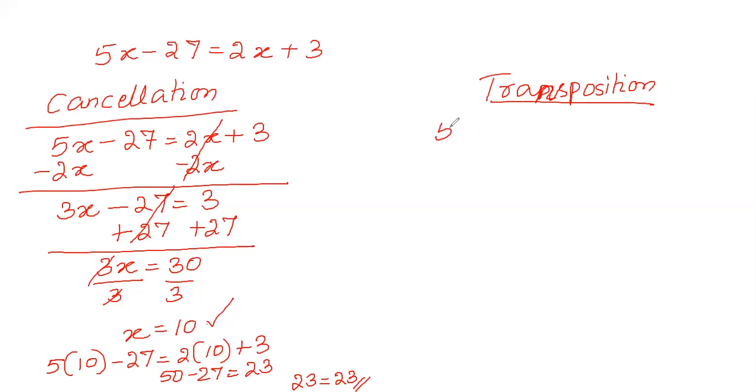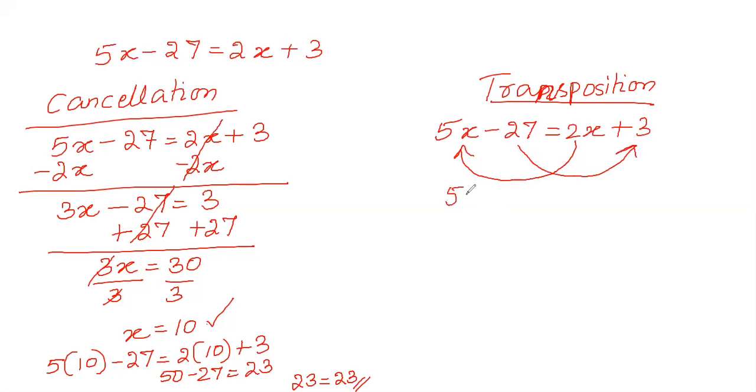Okay, transposition. We take the equation here: 5x minus 27 is equal to 2x plus 3. What I do is, I retain the variable on the left and numbers on the right. So I move the 2x to the left and negative 27 to the right. By doing this, you can solve the equations. But when you're moving, what will happen? Its sign will change.